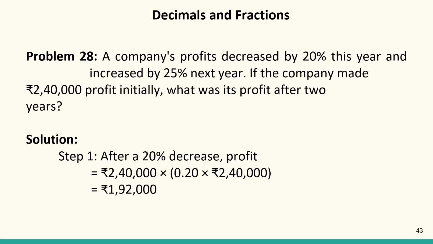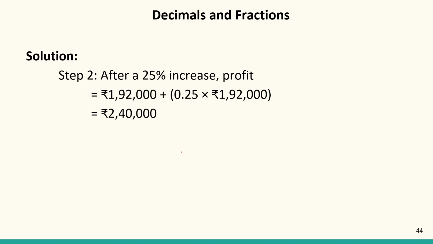After a 20% decrease, the profit becomes 2,40,000 into 0.20, and this is minus, since decrease is here. 1,92,000 is the answer after a 20% decrease in profits.